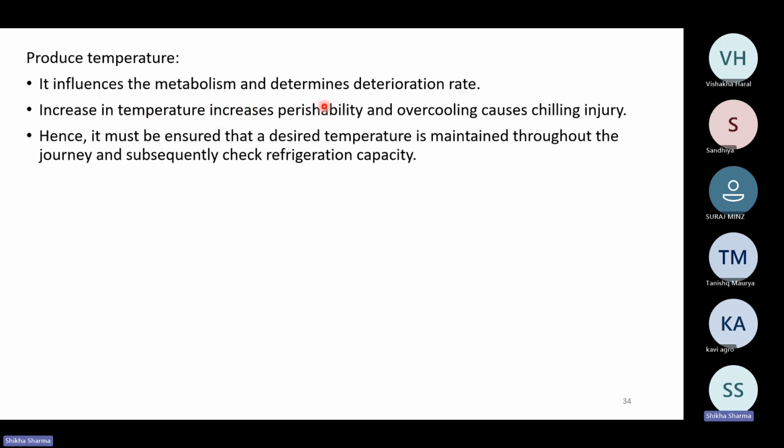If there is an increase in the temperature, perishability will be very high, and if we are overcooling, then chilling injury may occur. So the desired or optimal temperature should be maintained, and from farm to fork refrigerated conditions should be maintained, or a kind of cold chain should be maintained.